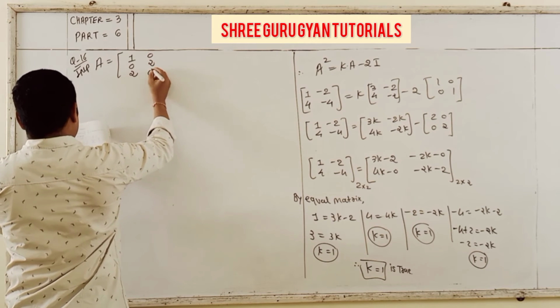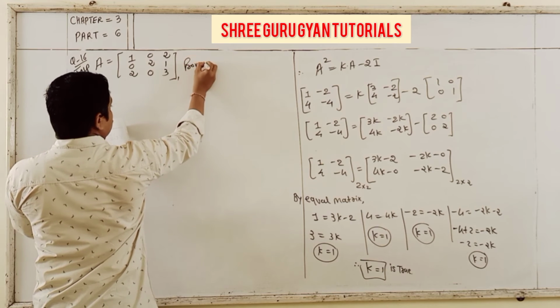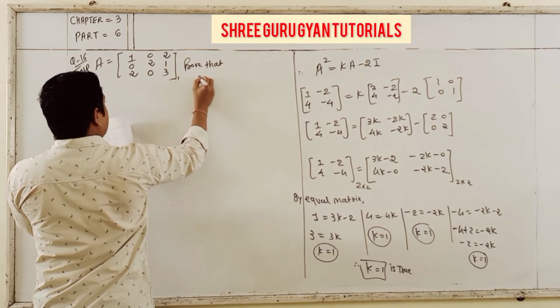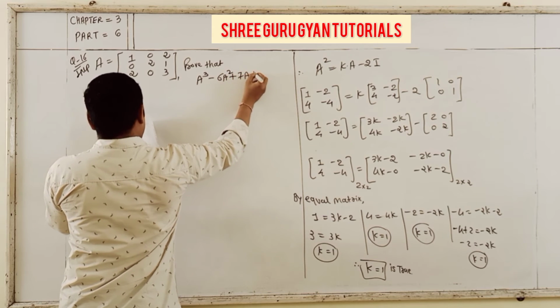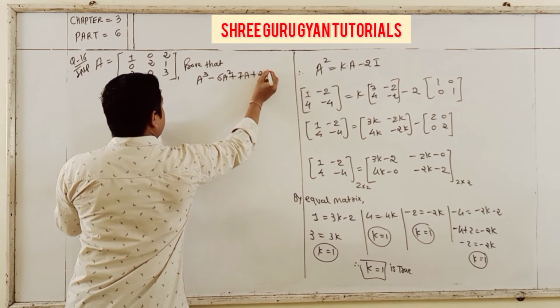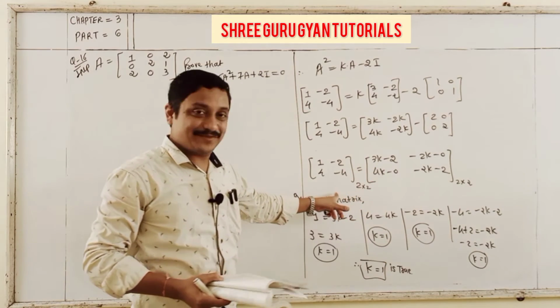A is 1 0 2, 0 2 0, 2 1 3. Then prove that A cube minus 6A square plus 7A plus 2I is equal to 0. And after that I go ahead to 18. This is the 17th one.